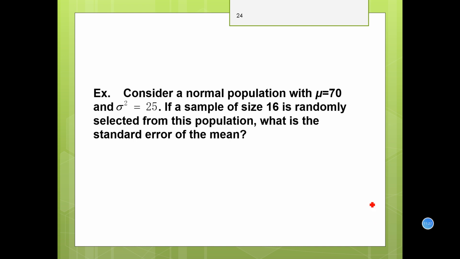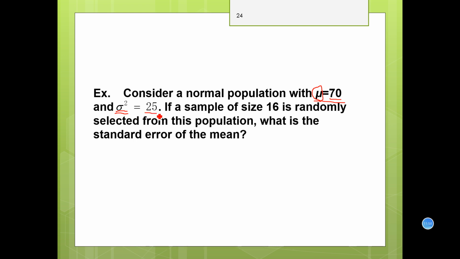So here, let's analyze this question. The first thing which is given is mu equals 70. So this is mu, that means this number 70 is a population mean. And the next one we can find here is sigma square, so this is the variance. We said that sigma square is variance.